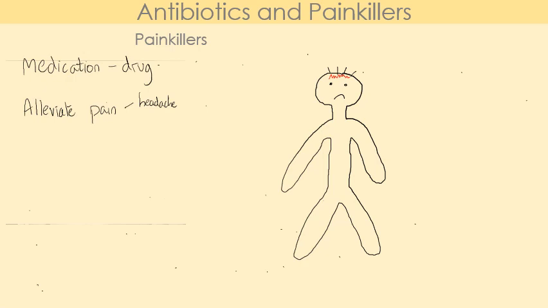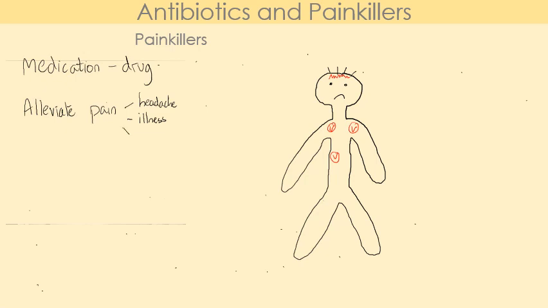You can take painkillers if you are feeling unwell, so if you have a viral infection. We have a virus within us here inside the cells. Painkillers can help with that. So if you have an illness, you can sometimes be in pain, and painkillers can help with the pain there.